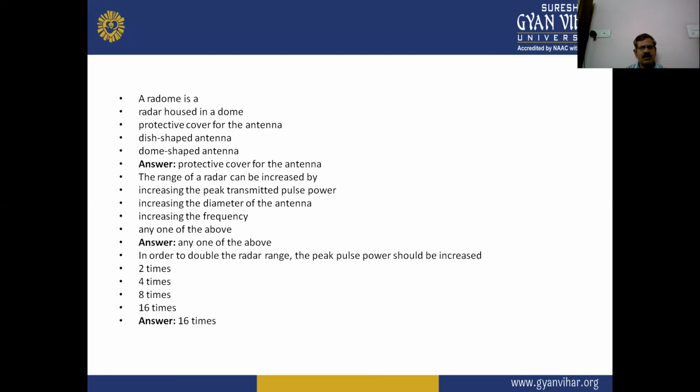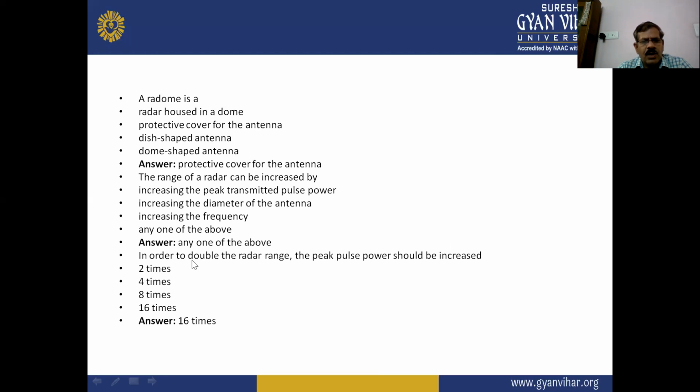So the range of the radar can be increased by any of the above. The range equation is proportional to the peak transmitted power, diameter, and frequency also. So the correct answer is option D.